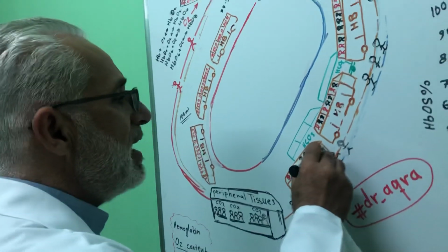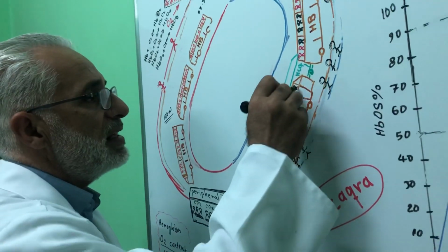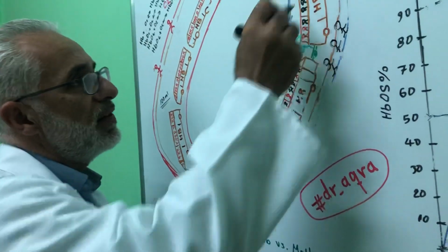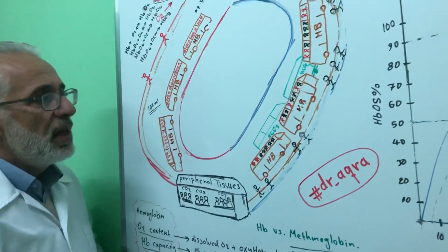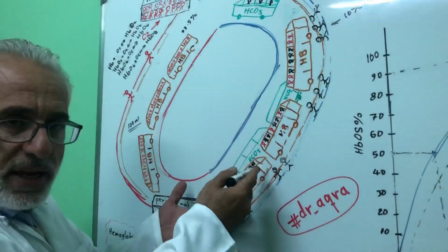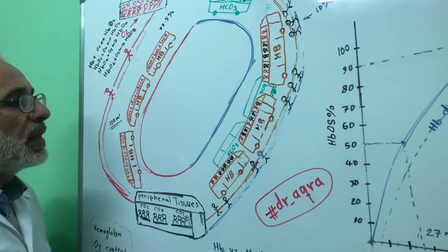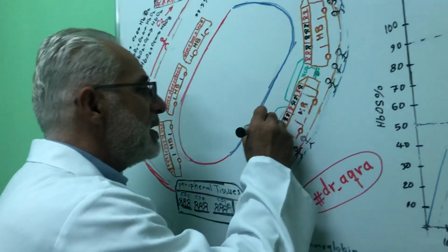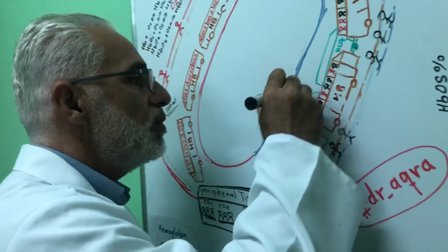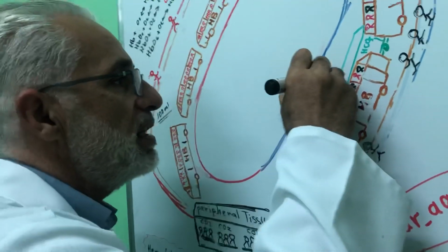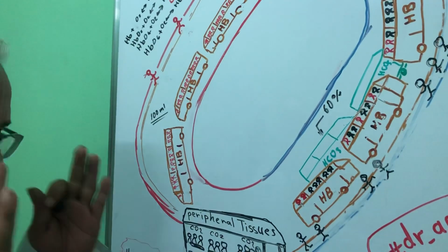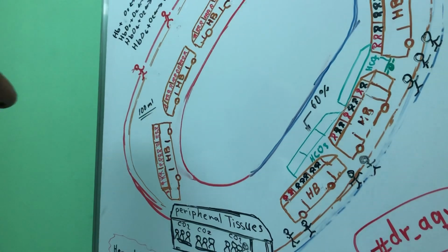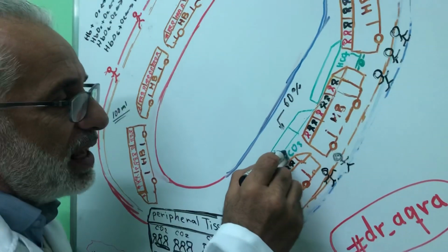And about 30% of CO2 is transported in RBCs as carbaminohemoglobin, in hemoglobin actually. And about 60% of CO2 is transported in these green buses, I mean as a symbol, which are the bicarbonate.